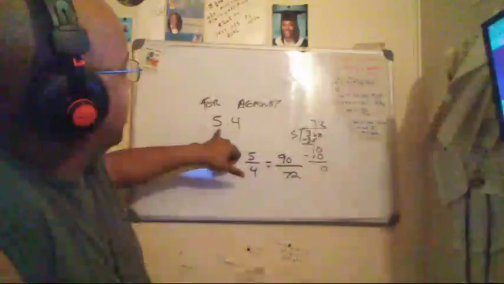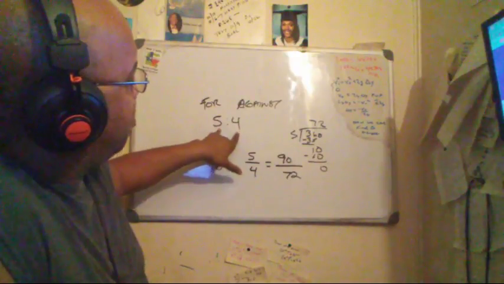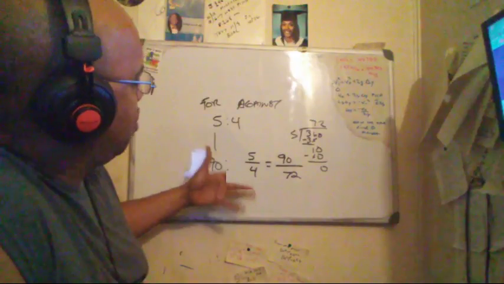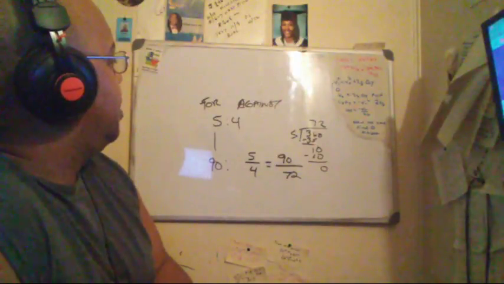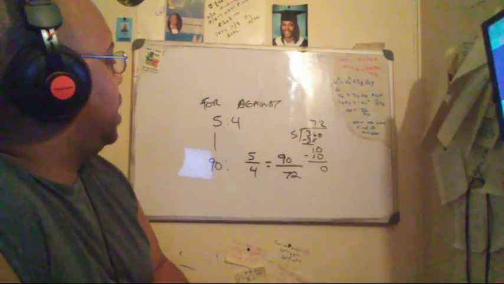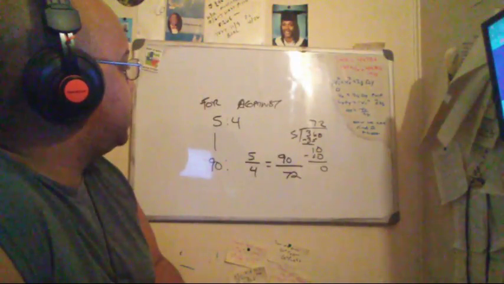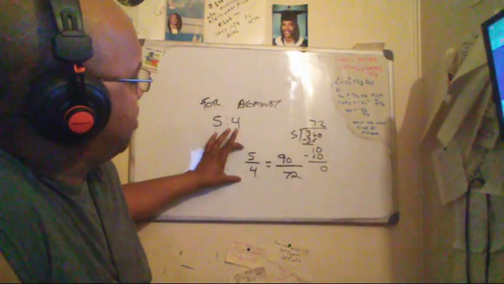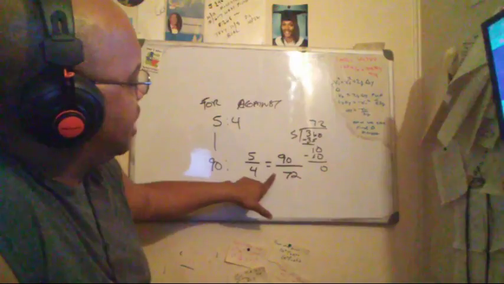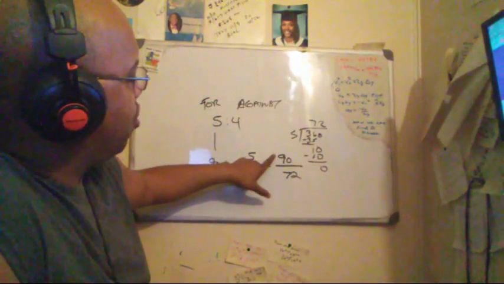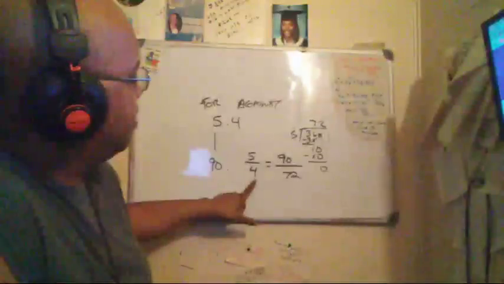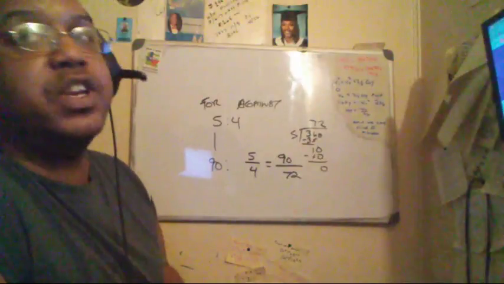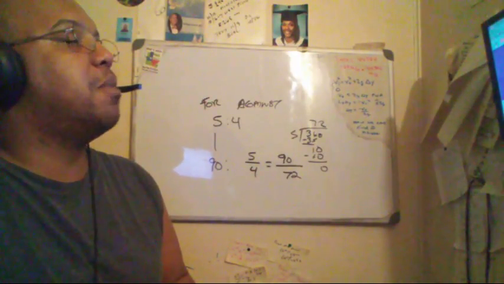If this is 5, then this represents 80%, so multiplying this number by 0.8 we would also have come up with 72. But you probably have to have a better understanding of numbers. The simpler way is to set up your ratio like a fraction, 5 over 4, and make an equivalent fraction. Place a 90 in the numerator position, cross multiplying. 90 times 4 is 360 divided by 5 equals 72. And that's how you come up with that.